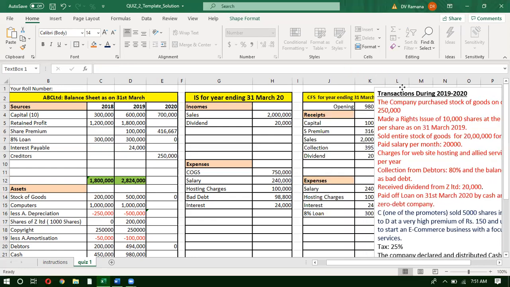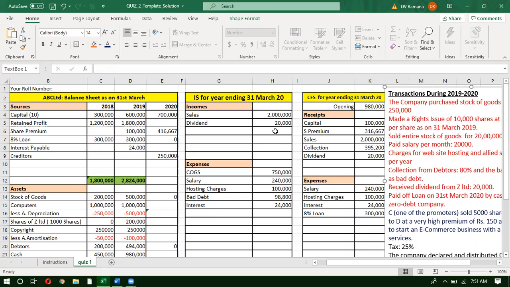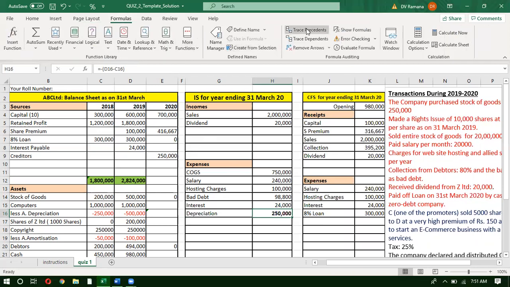Now, since all transactions are done, let us see the charge of depreciation, because depreciation is an expense as per the matching principle, and the depreciation is a change in the accumulated depreciation which is there on the balance sheet. The accumulated depreciation changes because of the depreciation of the current period.